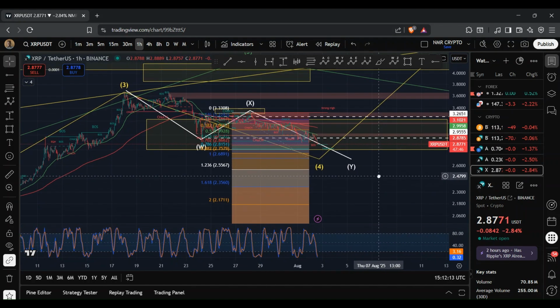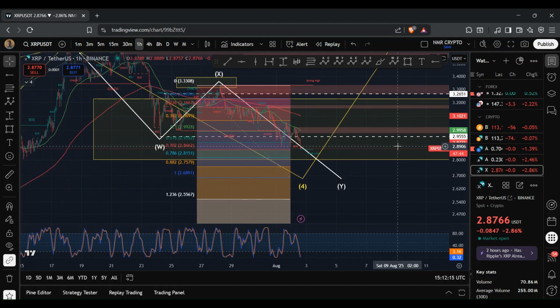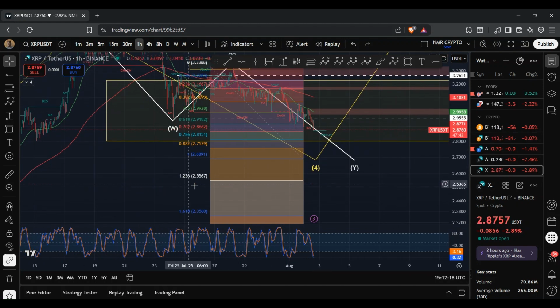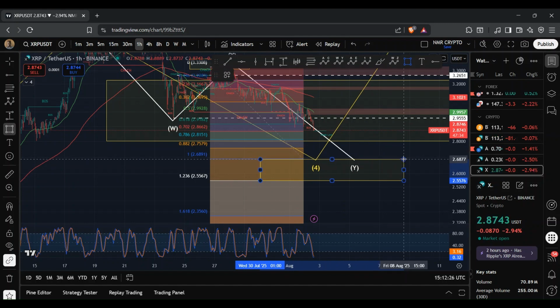So here you can see that the price of XRP has the potential to reach anywhere between $2.5567 to $2.6891. So there is still a little bit more room to the downside.